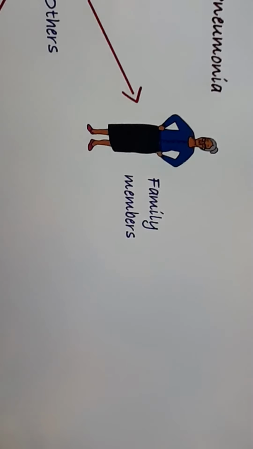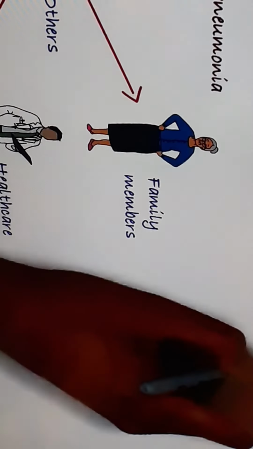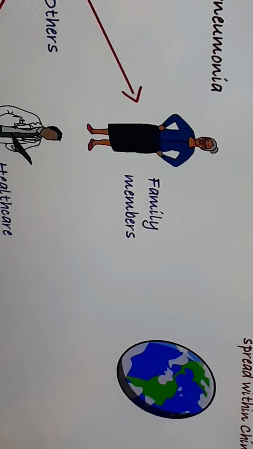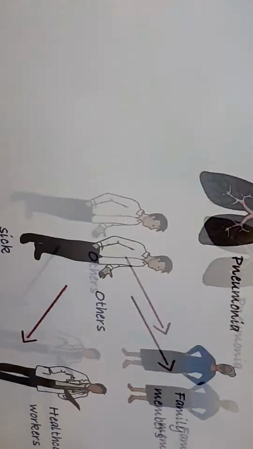It initially occurred in a group of people with pneumonia who'd been associated with a seafood and live animal market in the city of Wuhan. The disease has since spread from those who were sick to others, including family members and healthcare staff. There are many cases at present, and the disease has spread within China and also to a number of other countries. So, where did the virus come from?